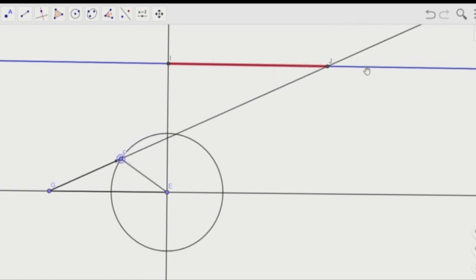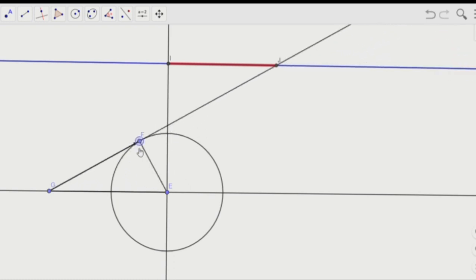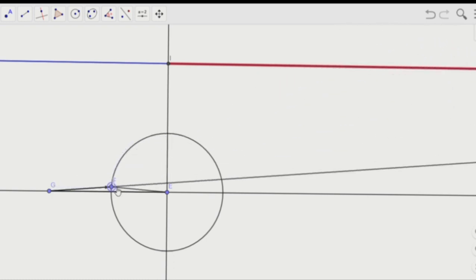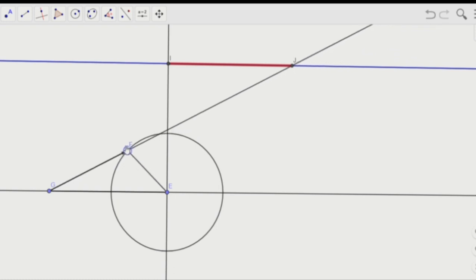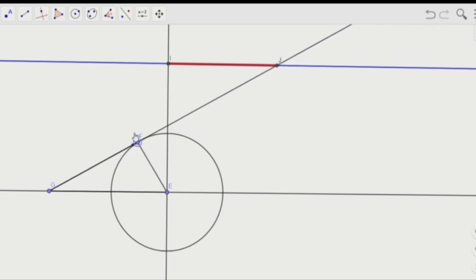So our answer is somewhere between these 2 points, and if you see clearly, as our resultant velocity becomes tangent to the circle, we have the minimum drift.